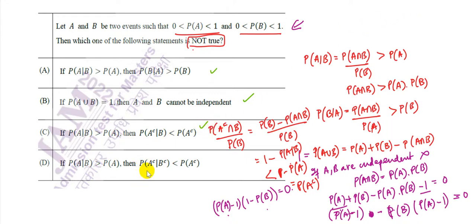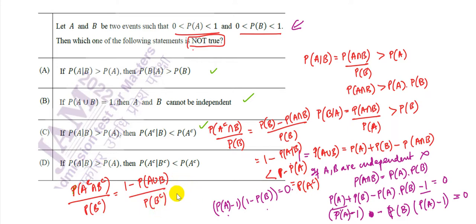The last one says probability of A complement given B complement should be less than probability of A complement. Now this one is probability of A complement intersection B complement by probability of B complement, which is 1 minus probability of A union B by probability of B complement.